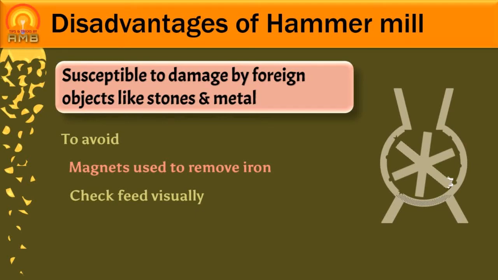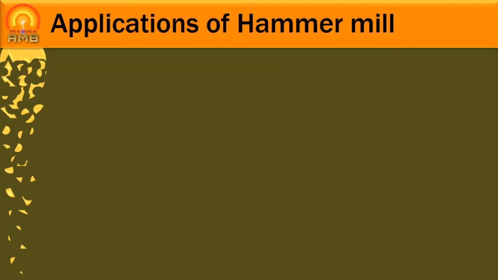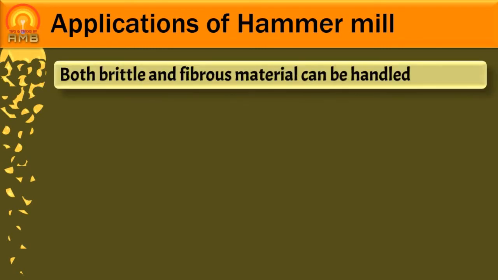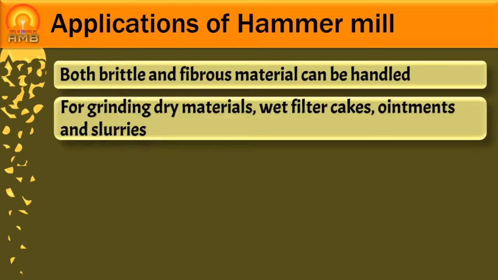Now let's see the applications or uses of hammer mill. Both brittle and fibrous materials can be handled in hammer mills. In pharmaceutical industry, it is used for grinding dry materials, wet filter cakes, ointments and slurries.